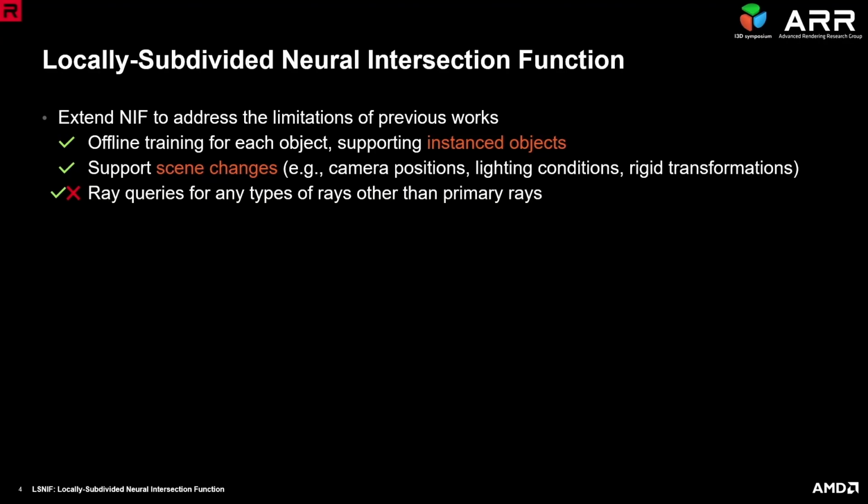LSNIF supports scene changes such as camera movement, changing lighting conditions, and object rigid transformation. LSNIF also supports all types of rays. However, we restrict its usage to non-primary rays in this work because errors introduced for primary rays are a bit too large to be practical.